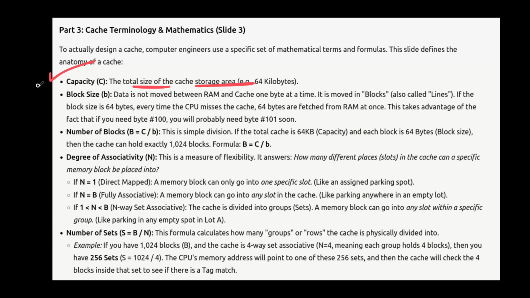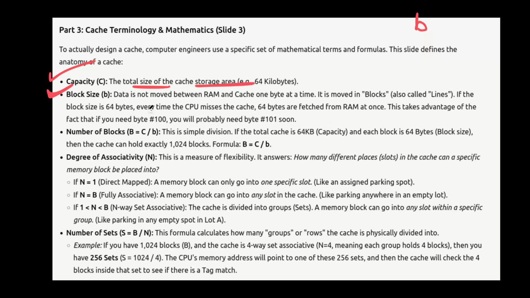Now block size is denoted by small b. Data is not moved between RAM and cache one byte at a time. It is moved in blocks, which are also called lines. If the block size is 64 bytes, every time the CPU misses the cache, 64 bytes are fetched from the RAM at once.